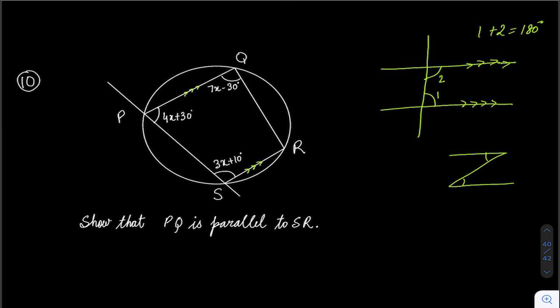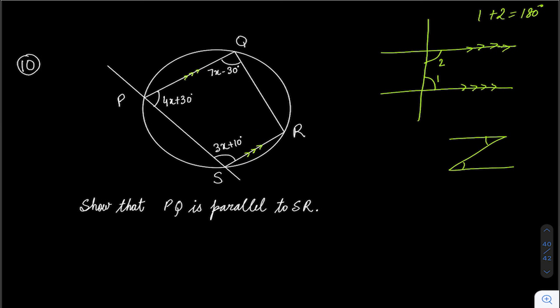First thing, can we find this x value? Yes, of course, because PQRS is a cyclic quadrilateral, so the sum of opposite angles is 180. Let's take 3x plus 10, angle S, plus angle Q, which is 7x minus 30. This should be 180.